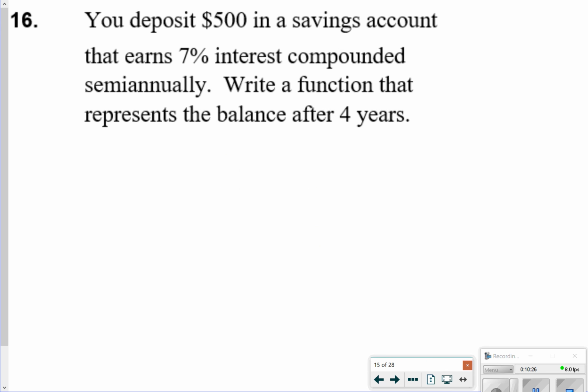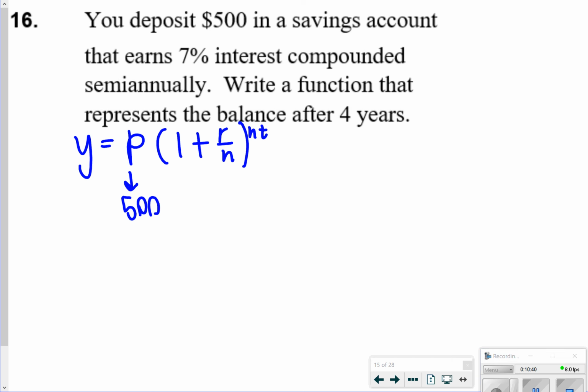Number 16, this is where you're going to use your formula of compounded interest. You do get the formula given to you, and this is what that formula looks like. Now we're ready to plug in the values. P is your principal or your starting amount, so I'm going to plug in 500. The next thing I can plug in is my percent, so 1 plus 0.07 will go on the top.